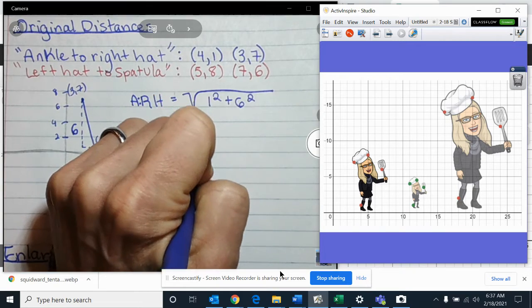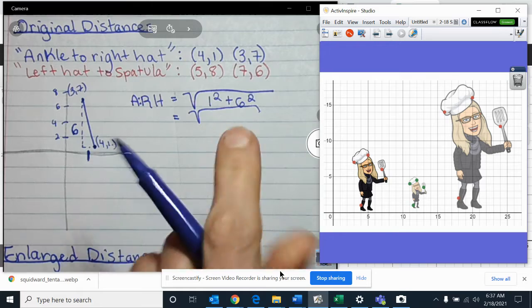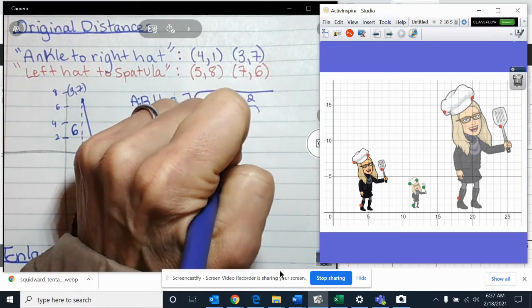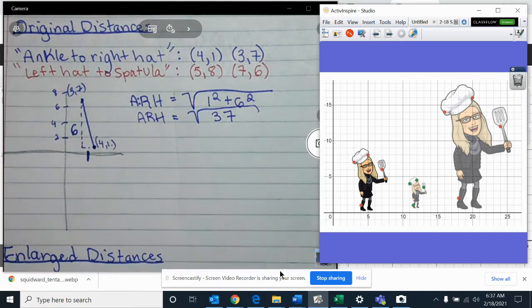And when we do the order of operations, 6 squared plus 1 squared is the square root of 37. And I'm just going to call it ARH. And when we do that calculation, the square root of 37 is 6.08.